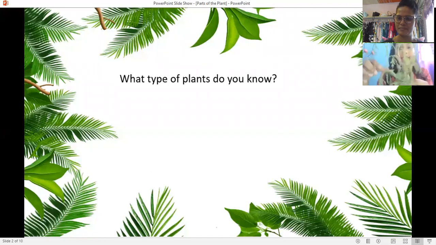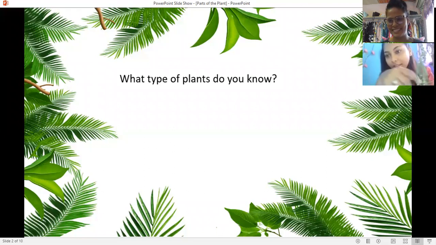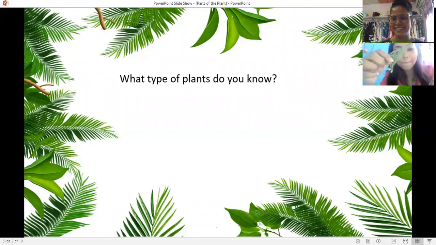So, if you look clearly, you'd see that we have these things here on the plants. And does anybody know what this is called? Yes, these are our leaves. Now, in order for plants to grow and be healthy, we have to ensure that the plants have enough sunlight.